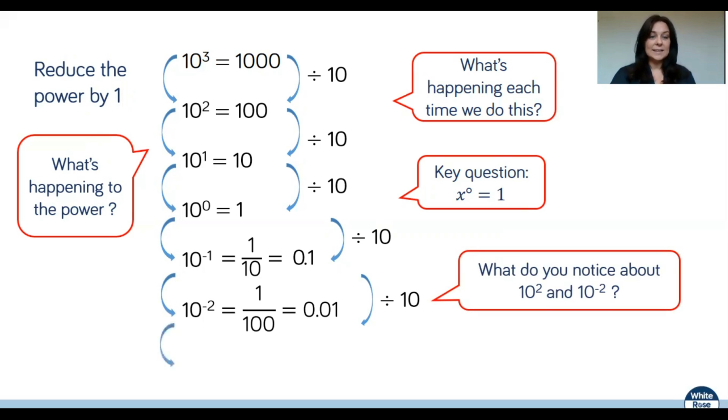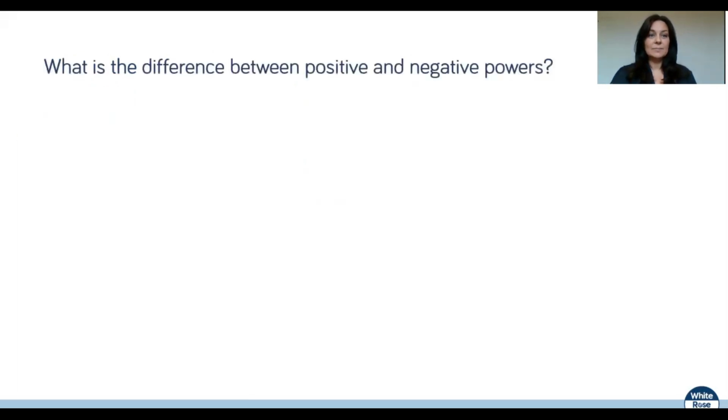I can continue then even further with 10 to the -3, divide by 10, and I get 1/1000 or 0.001. Now, we can ask more of those key questions. What's the difference between positive and negative powers? Why is 10 to the power of 0 not equal to 0?